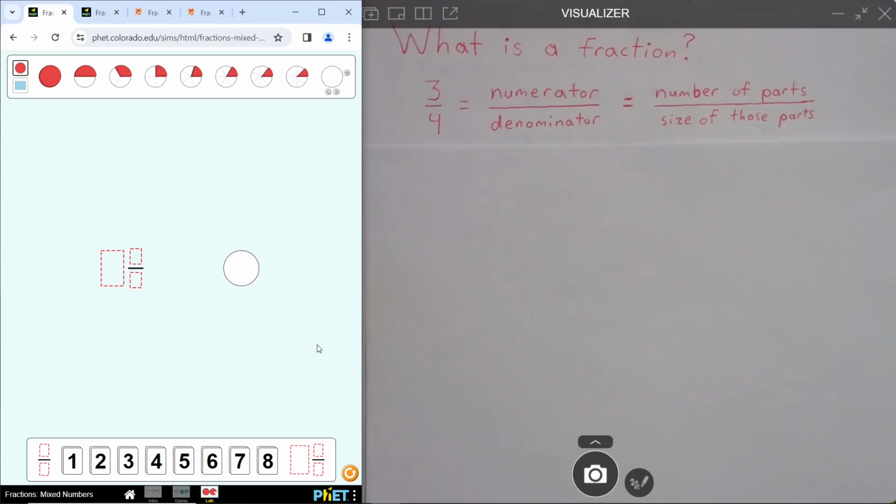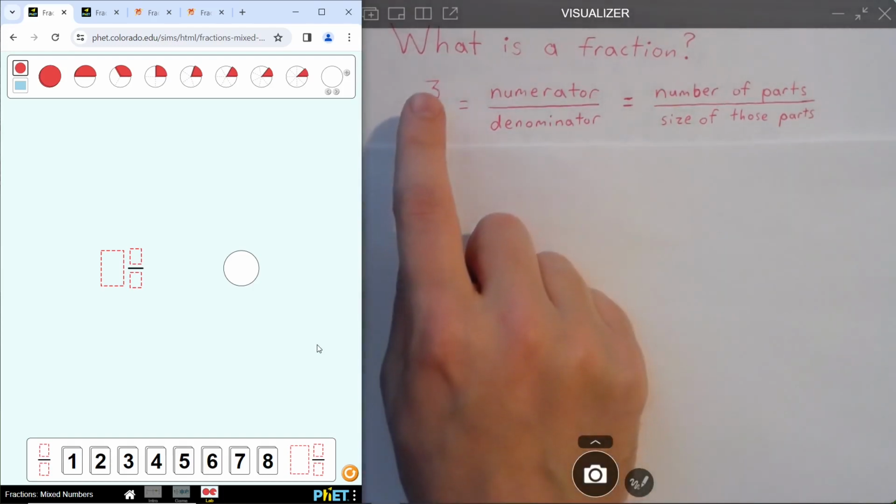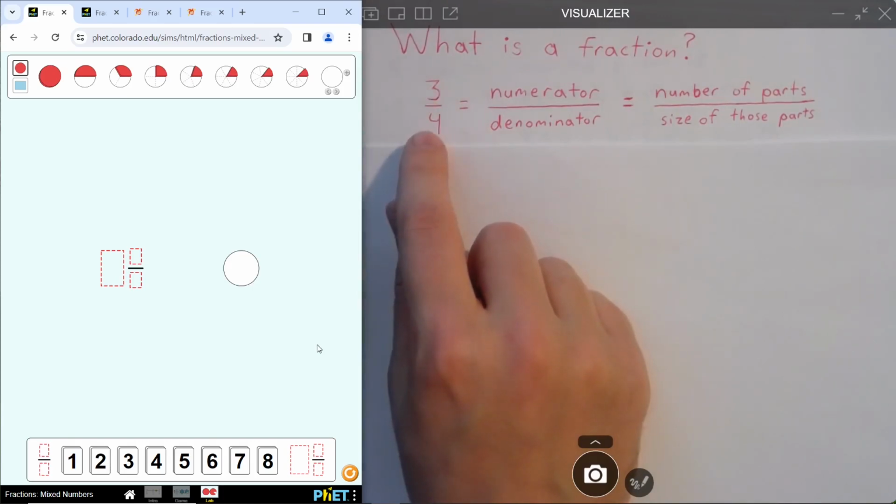So let's begin with the question of what is a fraction in the first place. For many of you, this will be review. For some of you, it might be the first time you're seeing this. A fraction is a number at the top of the fraction symbol divided by a number at the bottom of the fraction symbol.